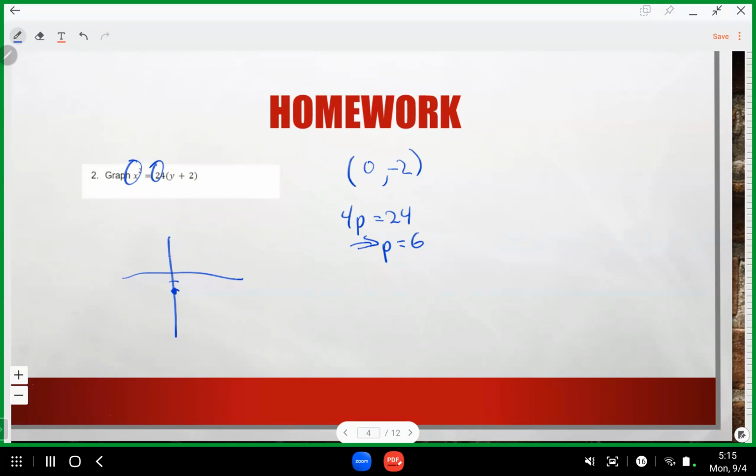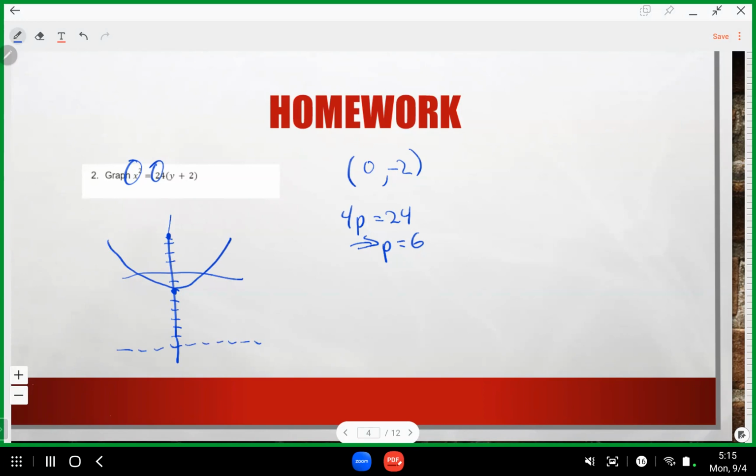So we have the focus 6 up here. It's going to be a pretty wide parabola, right? And the directrix is going to be down here somewhere. Okay, so that's how you graph it.